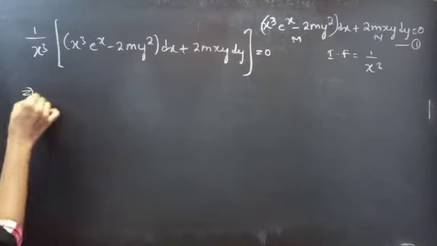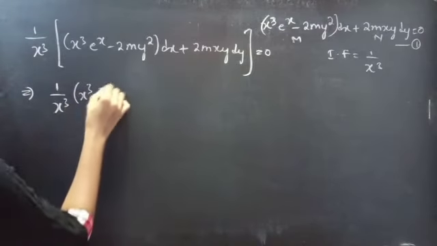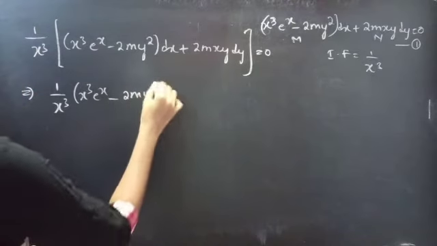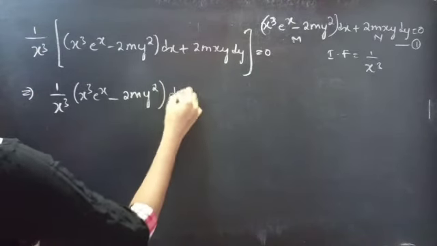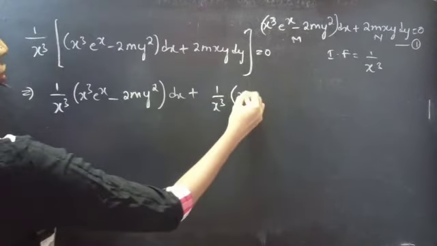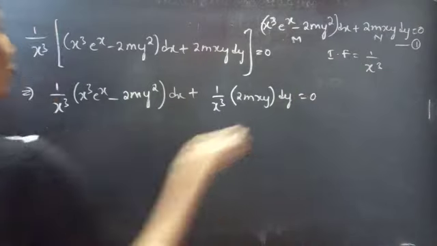Then 1 by x cube times x cube e power x minus 2m y square dx plus 1 by x cube times 2mxy dy equals 0.